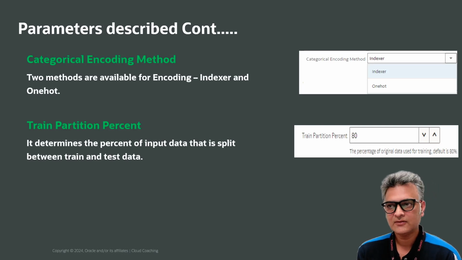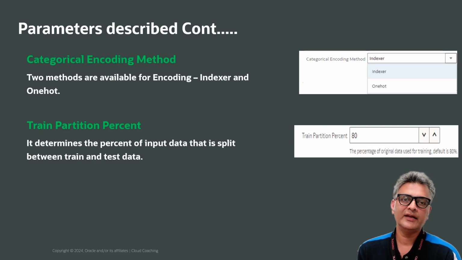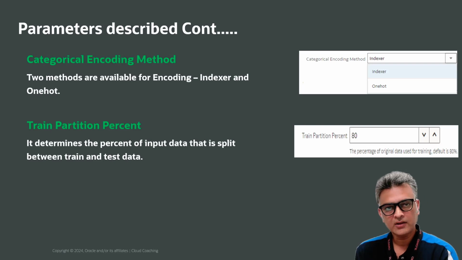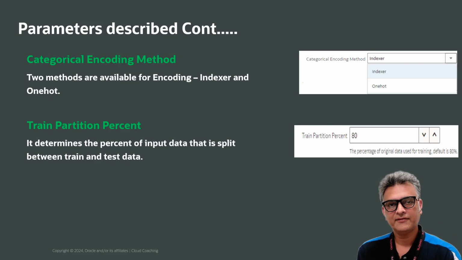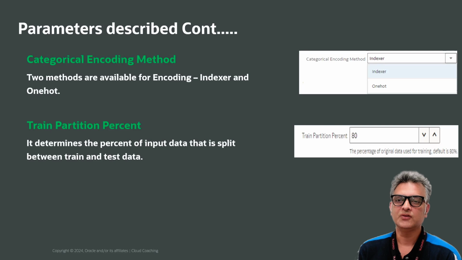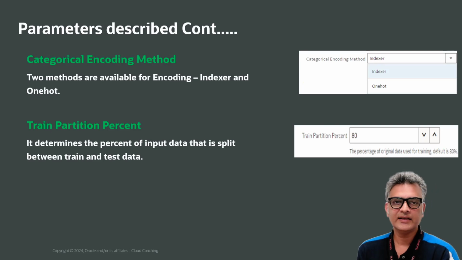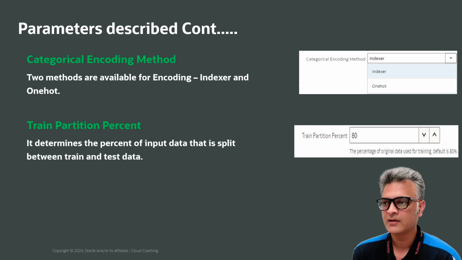In the data set, it would add 3 new columns and name them something like is Europe, is Middle East, is Africa, and then the value will be populated as yes or no. So if a particular row in a data set has a region as Europe, then is Europe would be set as Y and is Africa, is Middle East would be set as no. Okay, so we can select any of these encoding methods based on the data set that we have.